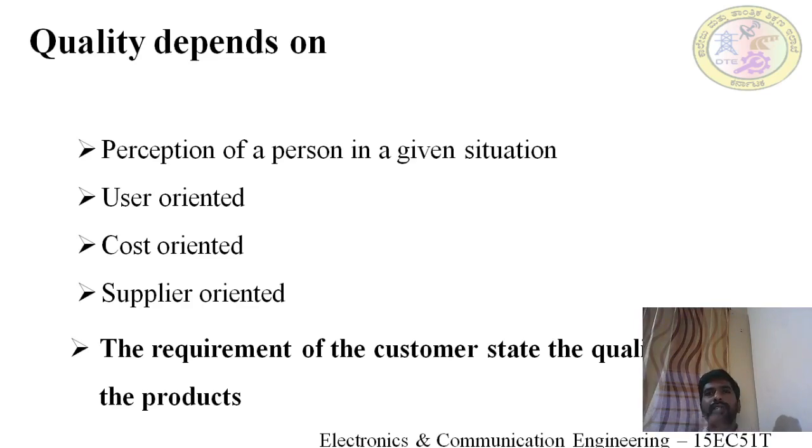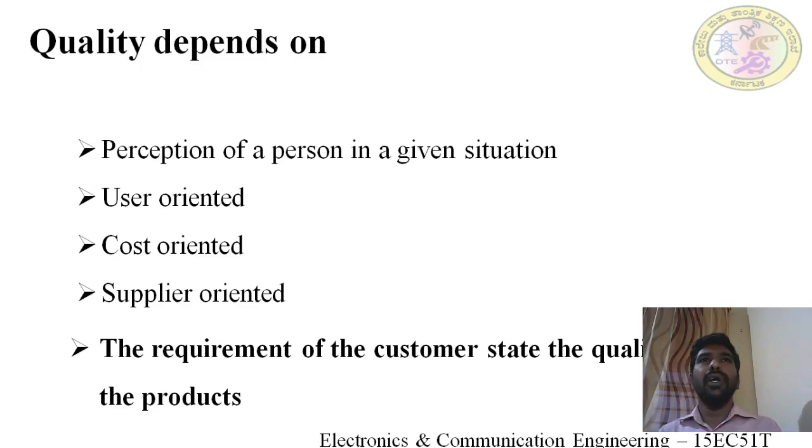And cost oriented. Cost oriented means the end user can decide. End users may have different economic conditions, and he may decide on his criteria what kind of material is used. That is cost oriented. The best example is a blade. A shaving blade costs 1 or 2 rupees, but a surgical blade costs more. Both are blades meant for different purposes.